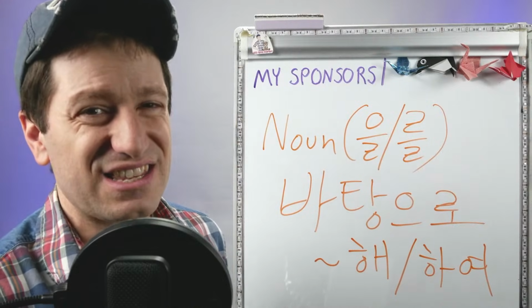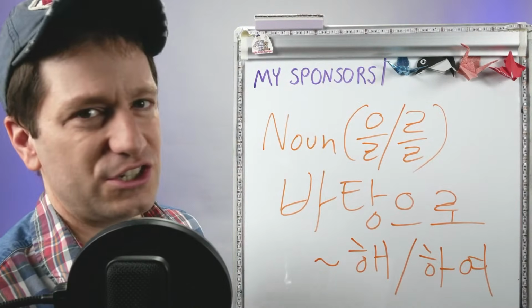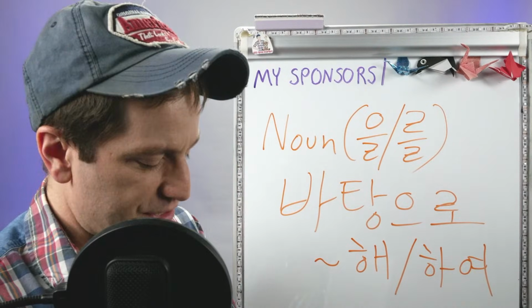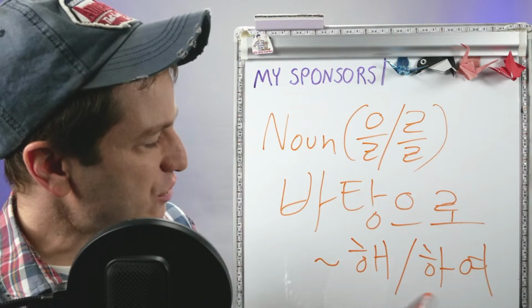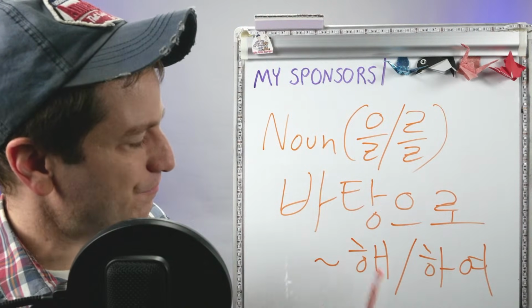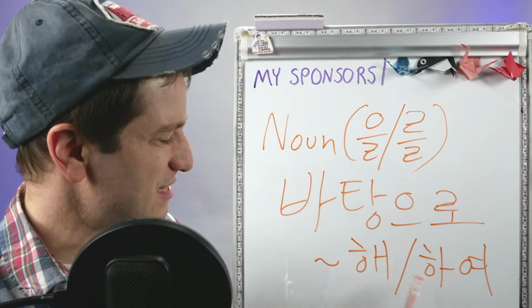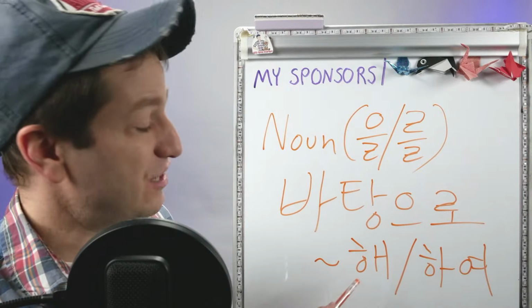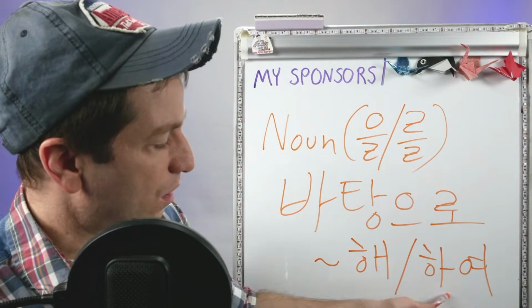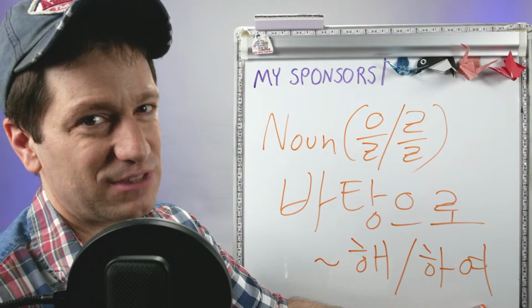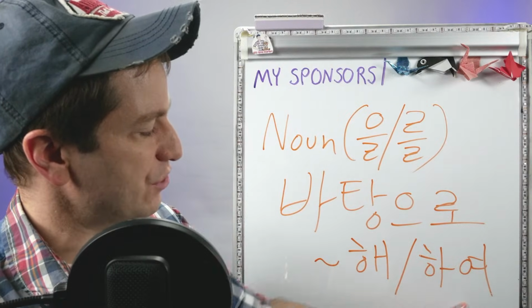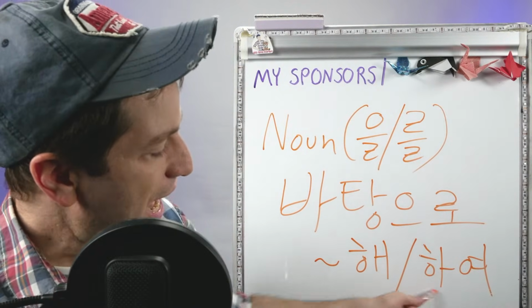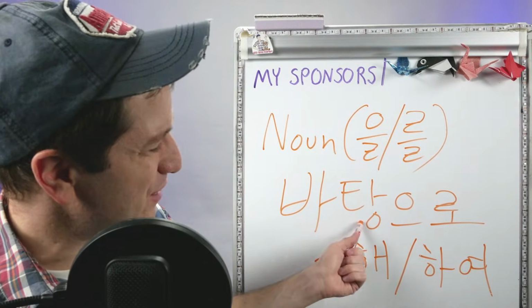Again, this is an advanced note, so if you're not advanced, just ignore this. You really don't need to know this. But this is actually hiding inside of the form. If you're advanced, you can know this. 하다, conjugated into 해, or 하여, which is the same thing. This is just more of a formal written version of 해. So 하여 is actually hiding after 바탕으로.